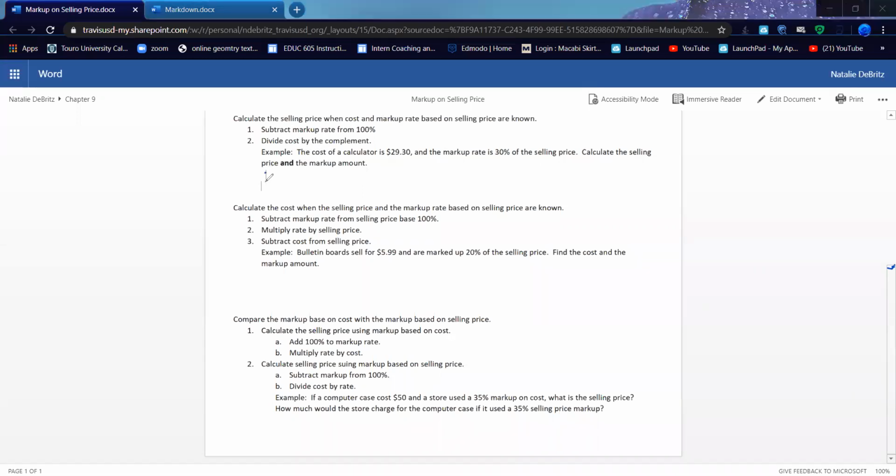So it's going to be 100 minus the 30, which is going to give me 70%. This is the complement. Then I'm going to divide the cost by the complement. So I'm going to divide the cost, which is $29.30, by the complement, which is going to give me $41.86.